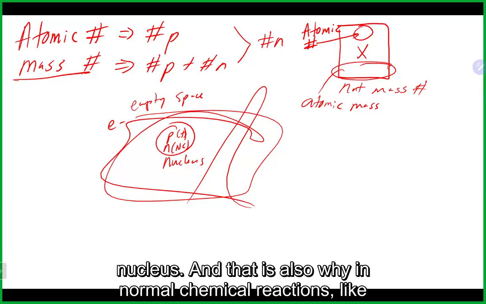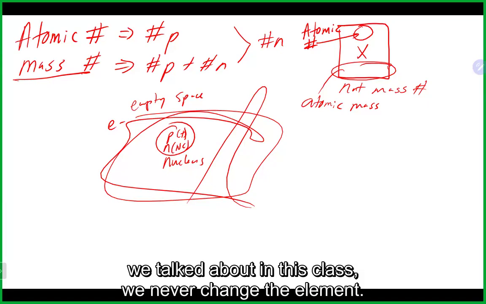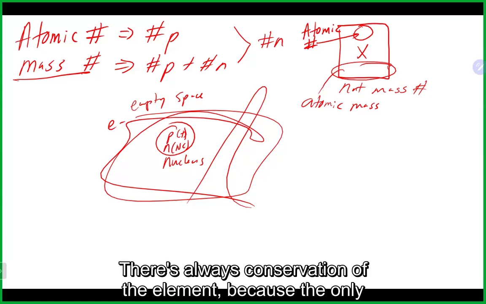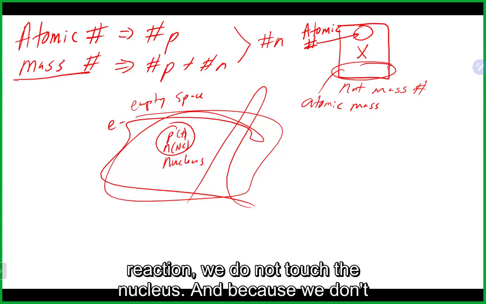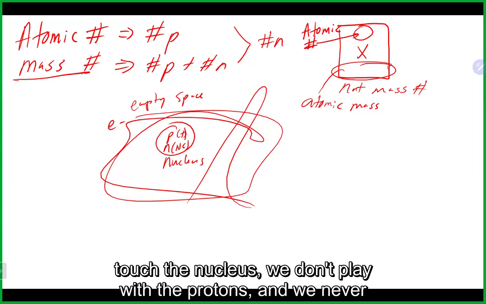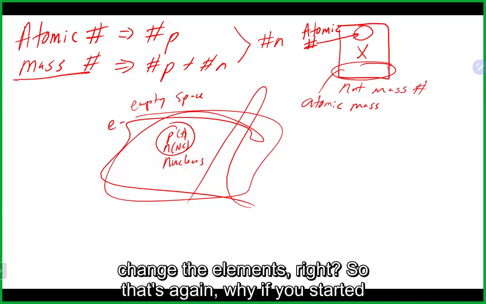And that is also why in normal chemical reactions, like we talk about in this class, we never change the element. There's always conservation of the element because the only thing involved are the electrons when we do a chemical reaction. We do not touch the nucleus, and because we don't touch the nucleus, we don't play with the protons, and we never change the elements, right?